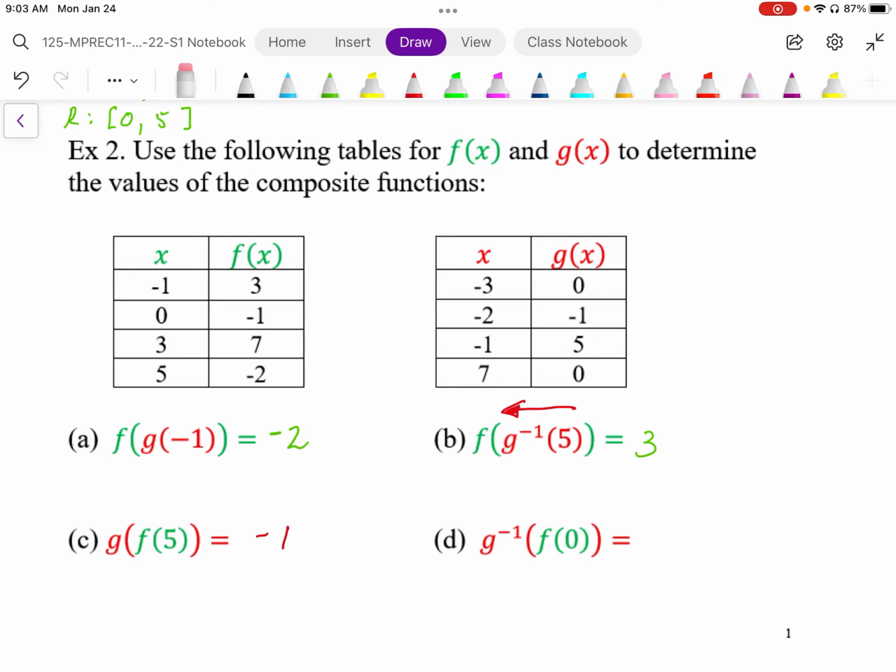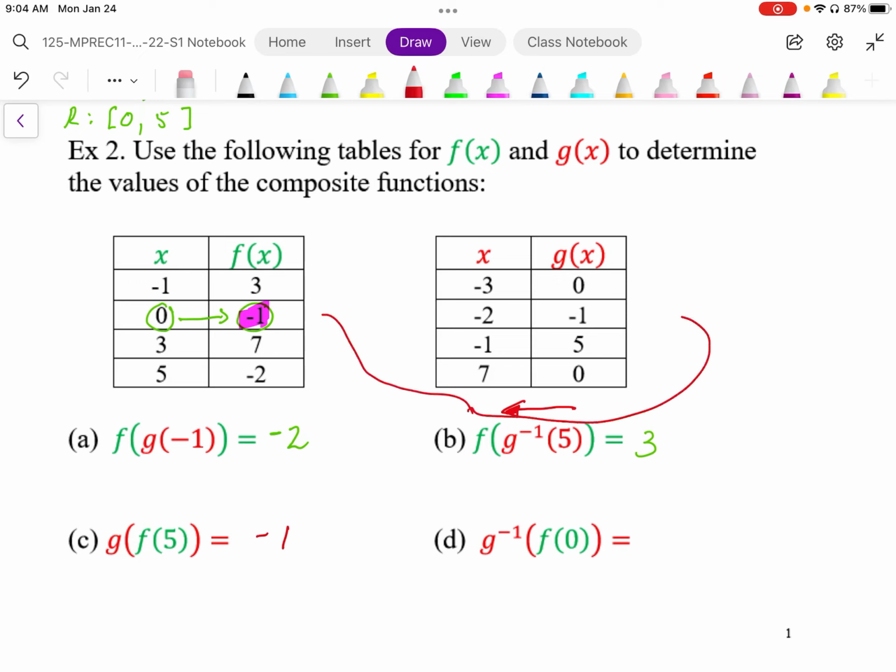For D, we're starting with the f function, but it involves the inverse of g. So where the embedded inside function is f, we start with the 0, and we get an output of -1. That -1 output is going to be used as the input of g, but it's going to be the inverse of g, so that's going to go in the opposite direction.